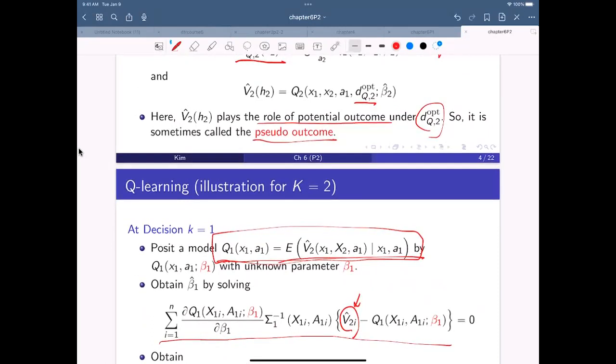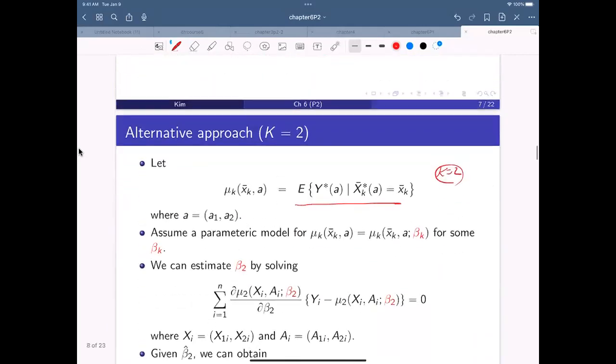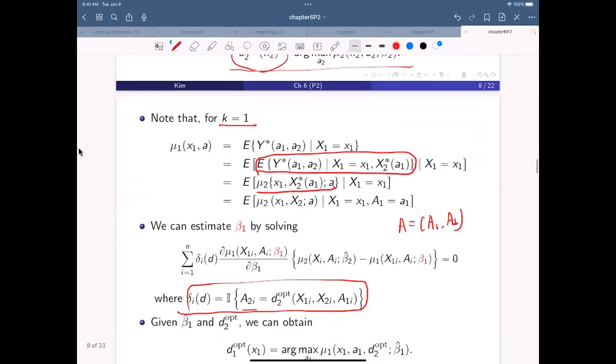So the second approach is more like a statistical modeling approach, right? Because for the first approach, it's hard to say whether the model is satisfied. Right, because everything is random, right? When you maximize, it's random, so you kind of model a random function. So the second approach, I think it's easier to study.